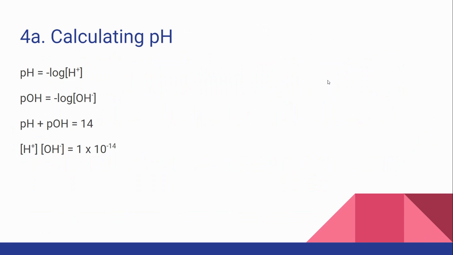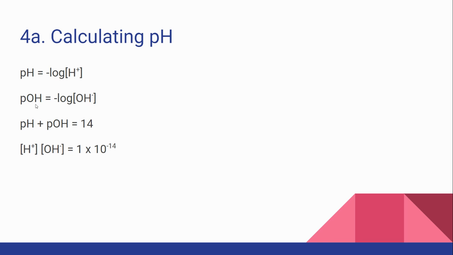Well, these are the formulas we're going to use. pH equals negative log of H plus. So we're taking the negative log of the H plus concentration in solution, whatever that concentration is. pOH is just the basic form of pH. So it's the negative log of the OH minus concentration.